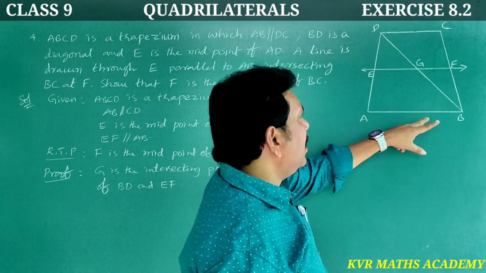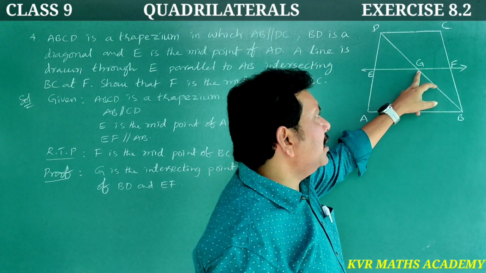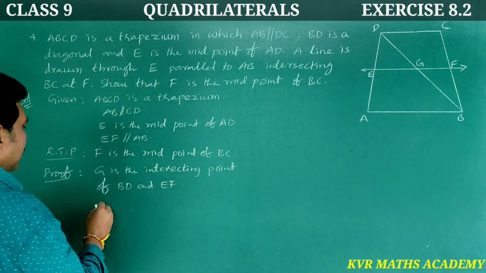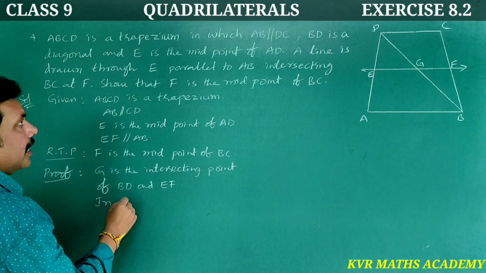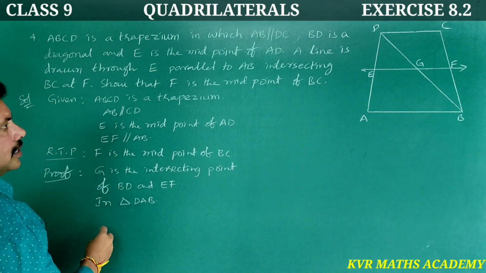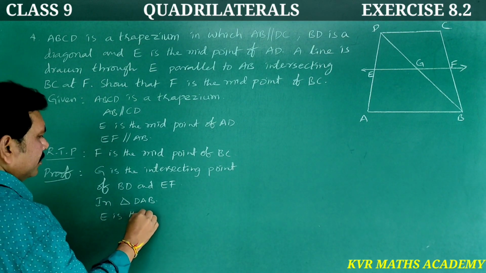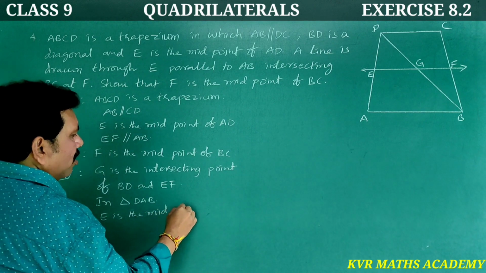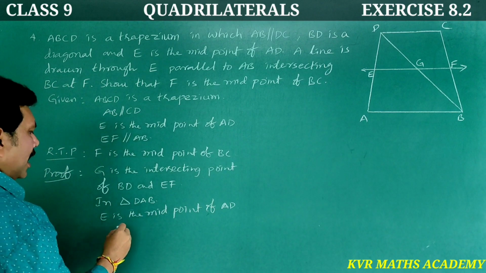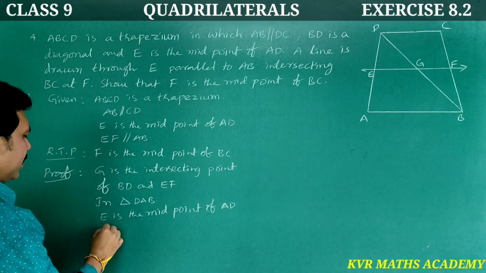In triangle DAB, E is the midpoint of AD, and EG is parallel to AB.